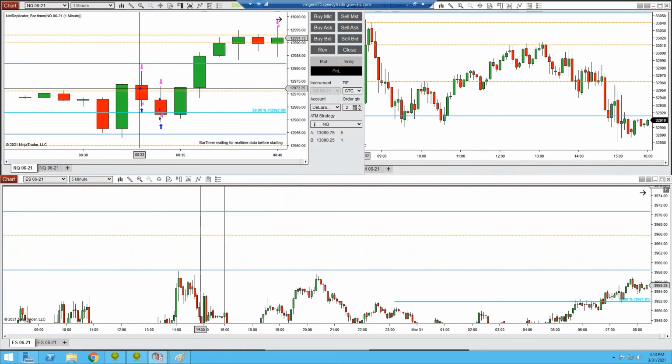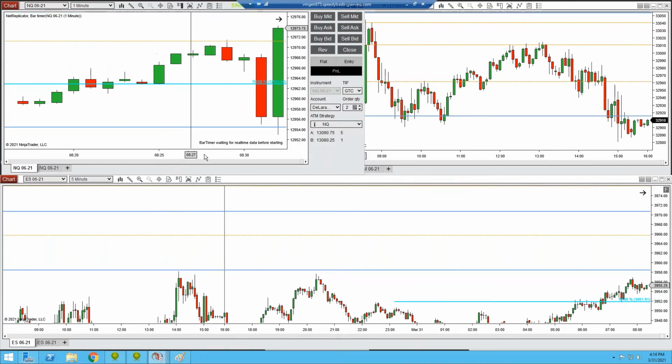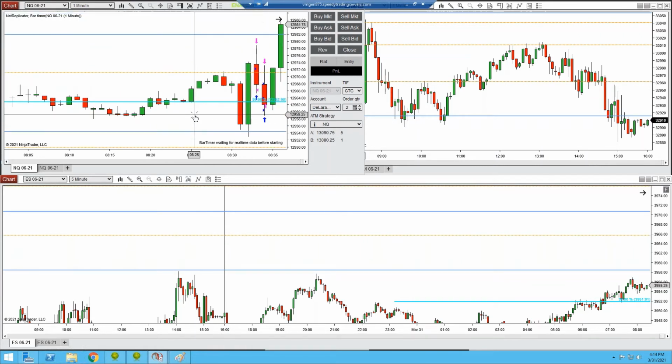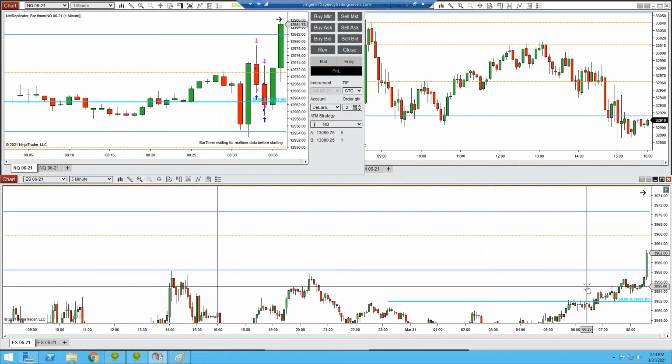So I got long right after the open. I was originally looking for over here a push down. I hate that this is so small. I was looking for a push down into the CP right before the open to go long, and we didn't get it. So on the open, I didn't get here because I was kind of watching ES actually.